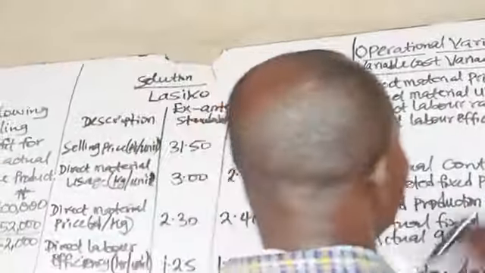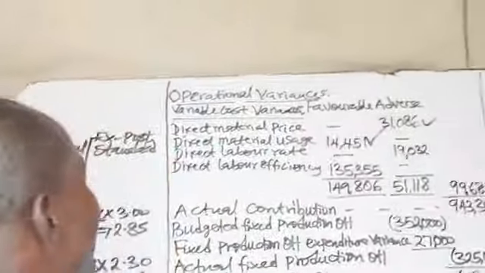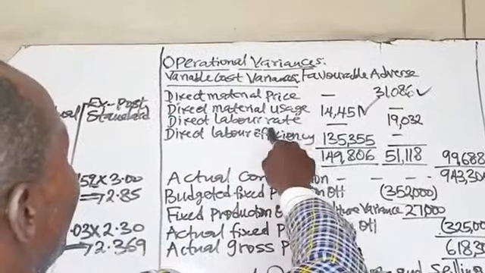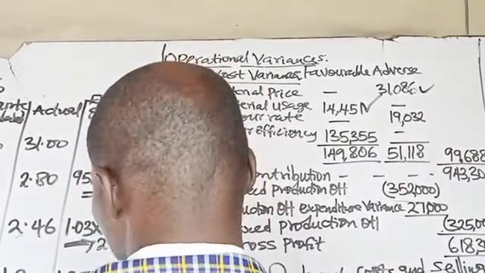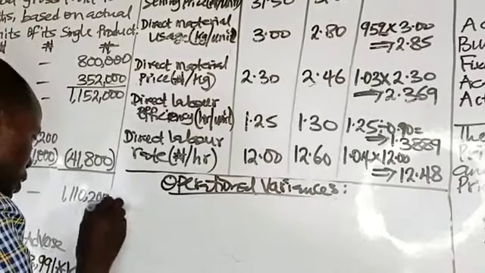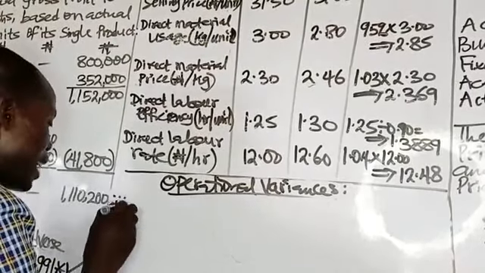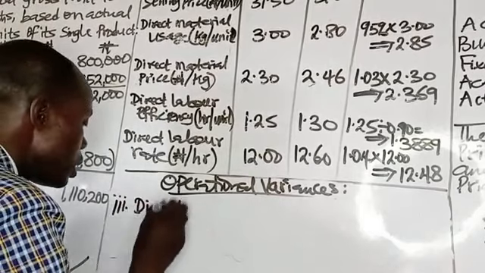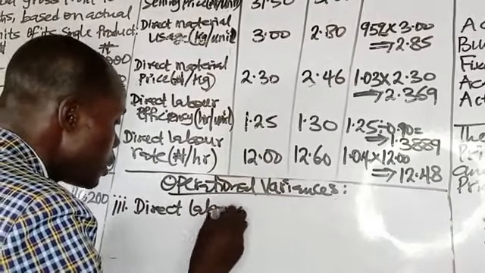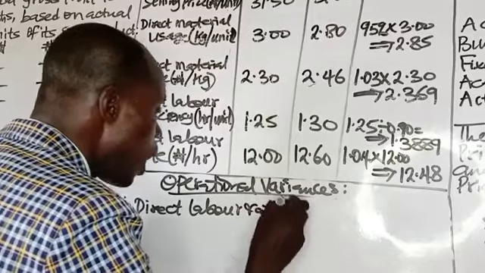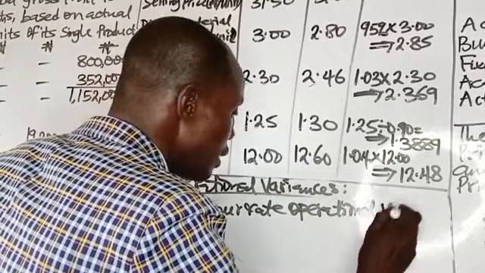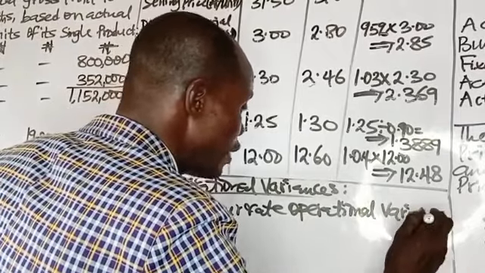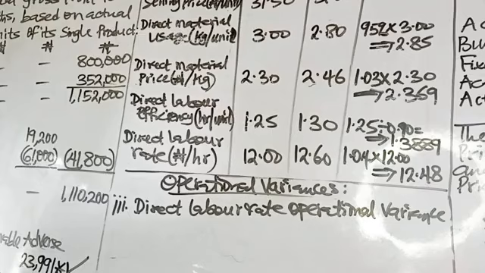That is direct material usage operational variance. Now, back to the question. The next variance is direct labor rate. How did they arrive at 19,032? That is what we want to determine. Direct labor rate operational variance: remember, in operational variance, we want to compare ex-post with actual.